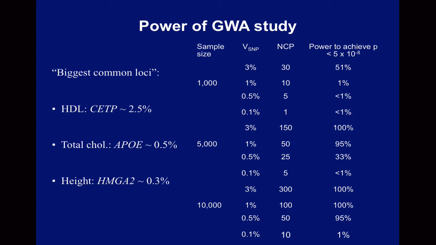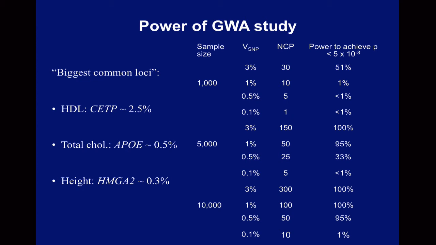Well, this is based on our knowledge about what we find in genome-wide association studies of complex traits, and here are examples for traits I know because I have been working with them. For lipid levels, the strongest locus we know is the locus for HDL, and some variants in the CETP region explain up to 2.5% of variance. In complex genetics, 2.5% of variance explained is considered a really big effect.